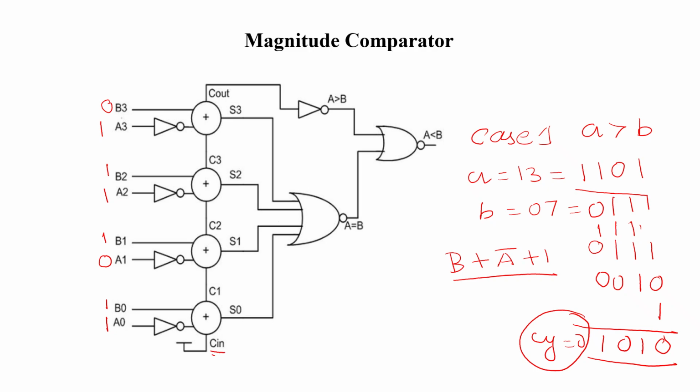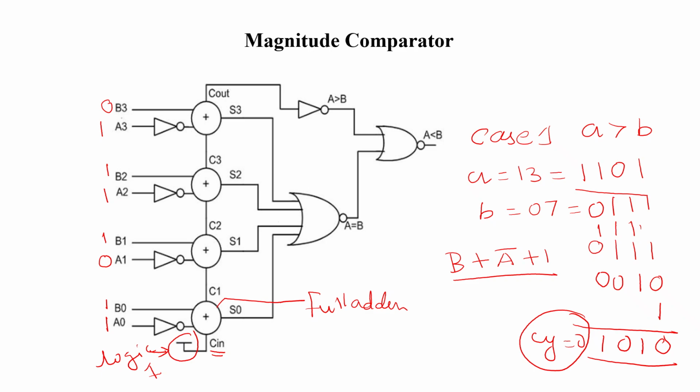This carry in is connected to VDD. This symbol represents VDD, a logic 1, so C in value is 1. This symbol represents the full adder circuit. This magnitude comparator consists of 4 full adder circuits, 5 inverters and 2 NOR gates.